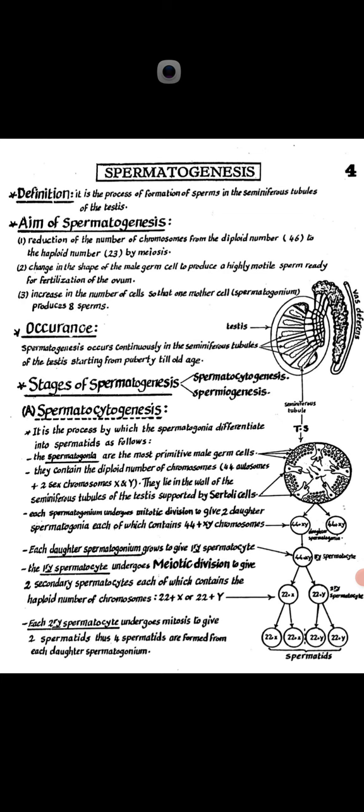Then the primary spermatocyte divides by meiosis to give 2 secondary spermatocytes. Then each secondary spermatocyte divides to produce 4 spermatids in total per daughter cell, so in the result there will be 8 spermatids.